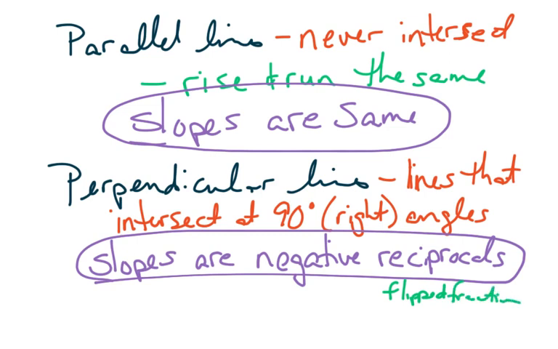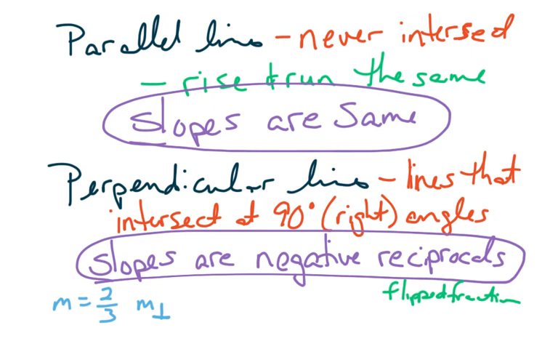So for example, if I found a line to have a slope of 2/3, the slope of the perpendicular line would then be, and the symbol for perpendicular is an upside down capital T looking shape, because it's a vertical and a horizontal line that hit at a 90-degree angle.